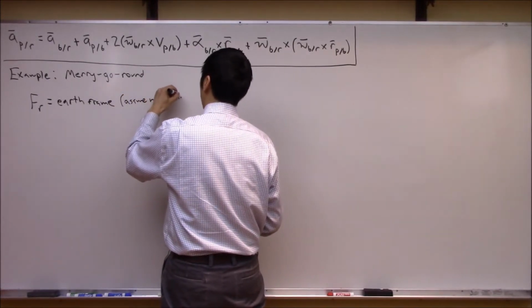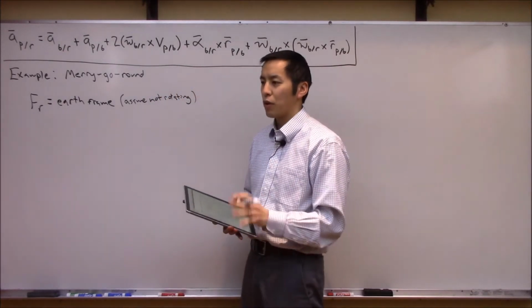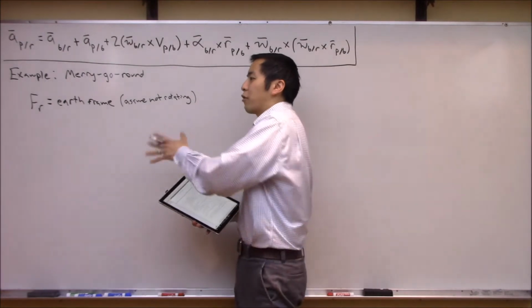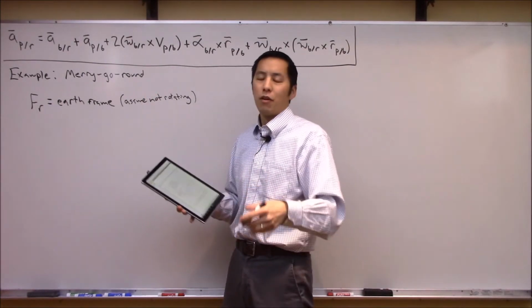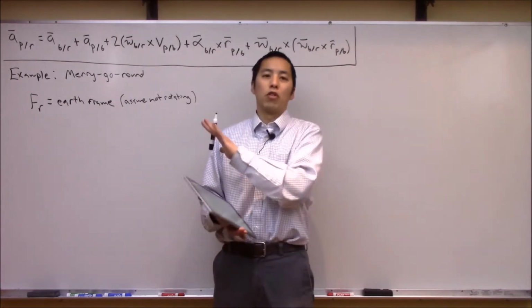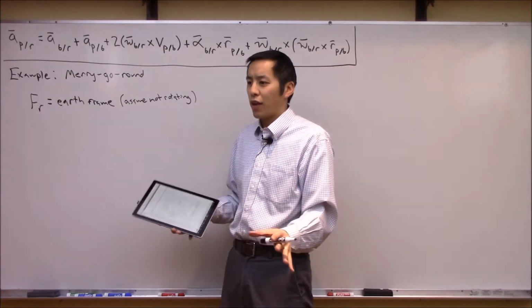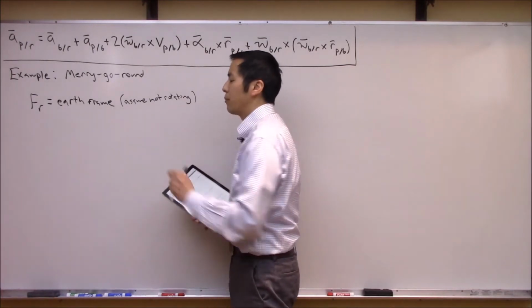This is a pretty good assumption because the Earth's rotation rate is going to be negligible compared to the rotation rate of the merry-go-round. So let's pretend we're back there in the 1500s and people thought the world wasn't rotating, but it actually was. But let's assume the Earth is not rotating. It is stationary. It's an inertial reference frame. So that's going to be our reference frame.